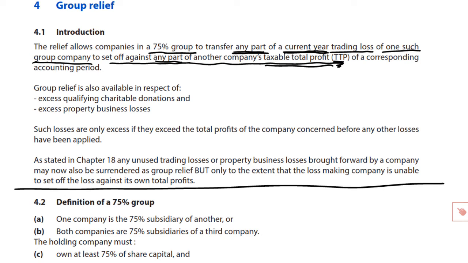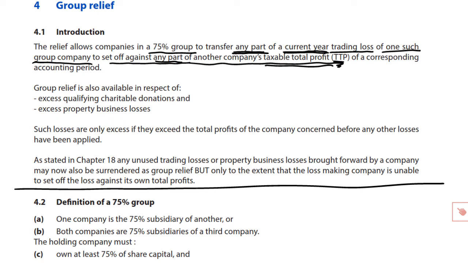Another big difference there. The loss reliefs that we've seen so far, that we reminded you of a few minutes ago in relation to a single company, all go against total profits. And of course, the problem where you had current and carry back claims and there were no partial claims was that you might end up wasting the qualifying charitable donations. Not an issue now in terms of group relief.